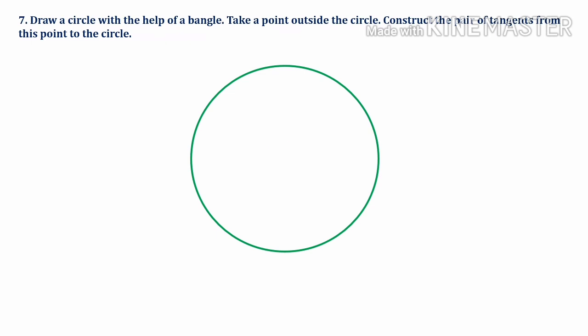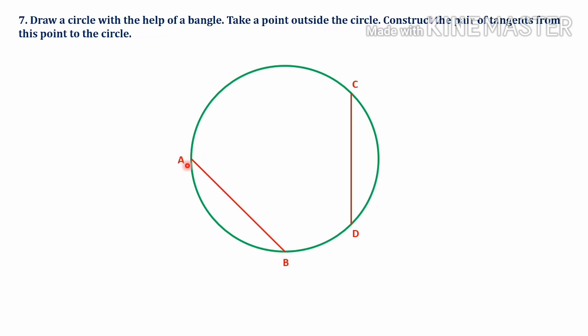For that, you have to draw two non-parallel chords AB and CD. Non-parallel chords, in the sense they must not be parallel. If you recall the concept of a chord, a line segment whose endpoints are on the circumference of the circle is a chord.